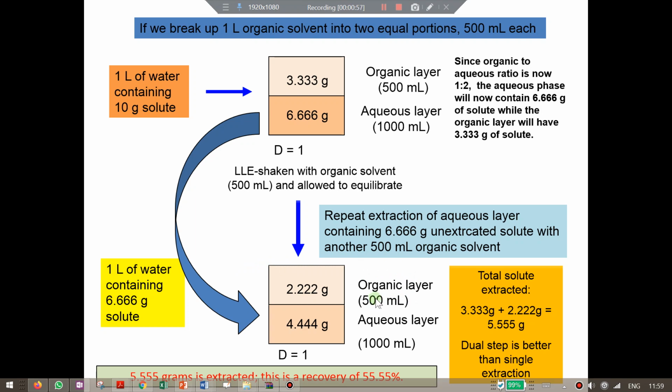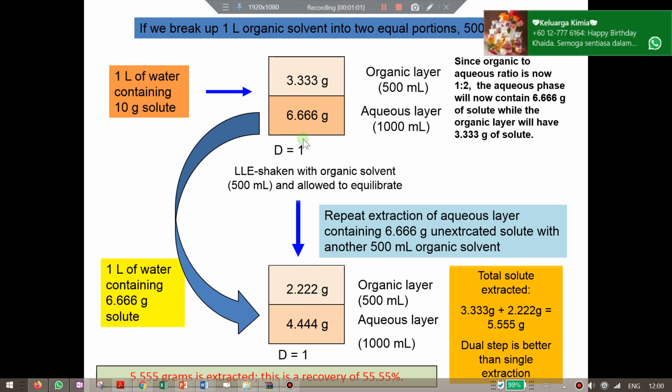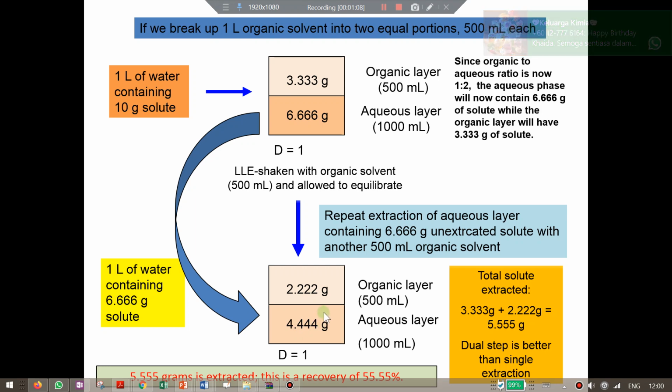Here we can only extract 2.222 from 6.66, so the remaining here is 4.44. After we break into 2 equal portions, we can obtain about 5.555 gram, which is 55.55%, which is better than the previous one, where we only obtained about 50%.